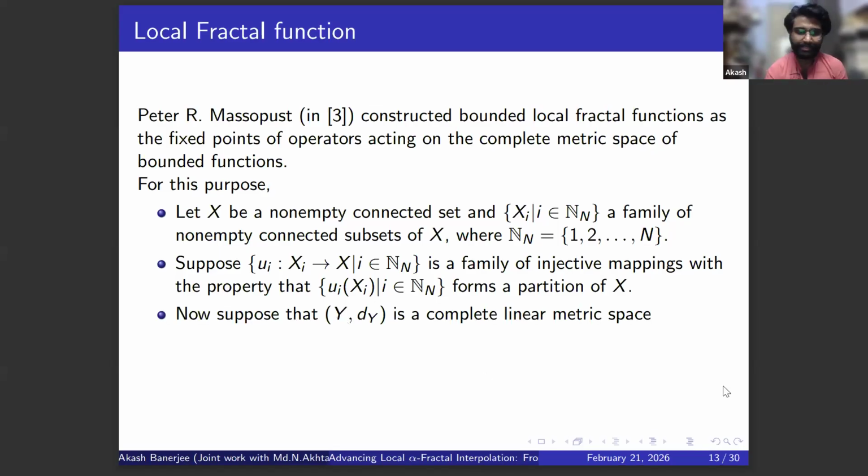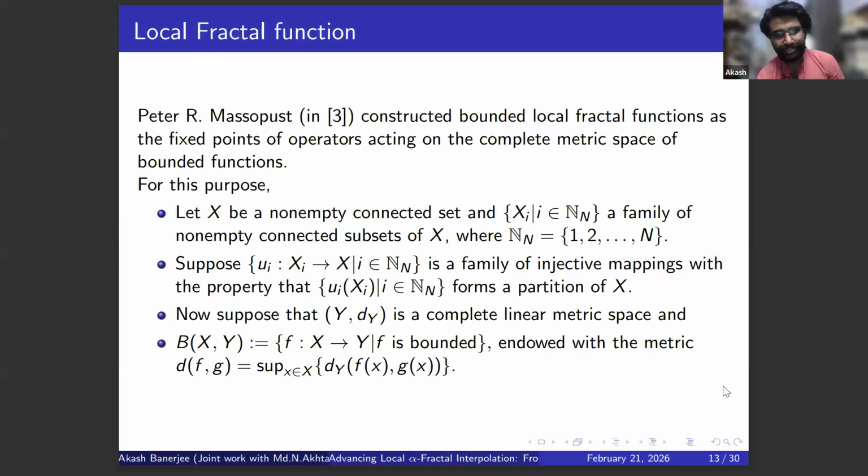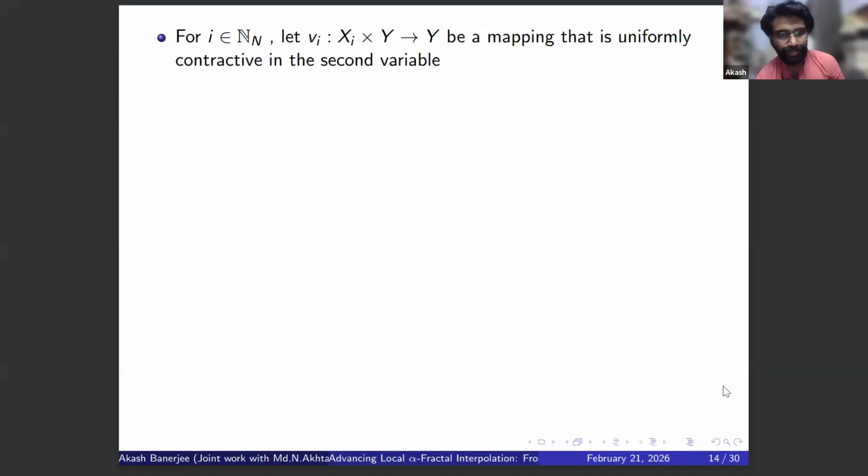And then we take another complete linear metric space Y. So this metric space has to be linear, and then we take the space B(X, Y), which is the collection of all bounded functions from X to Y. On that we take the sup metric. Then we take vi's.